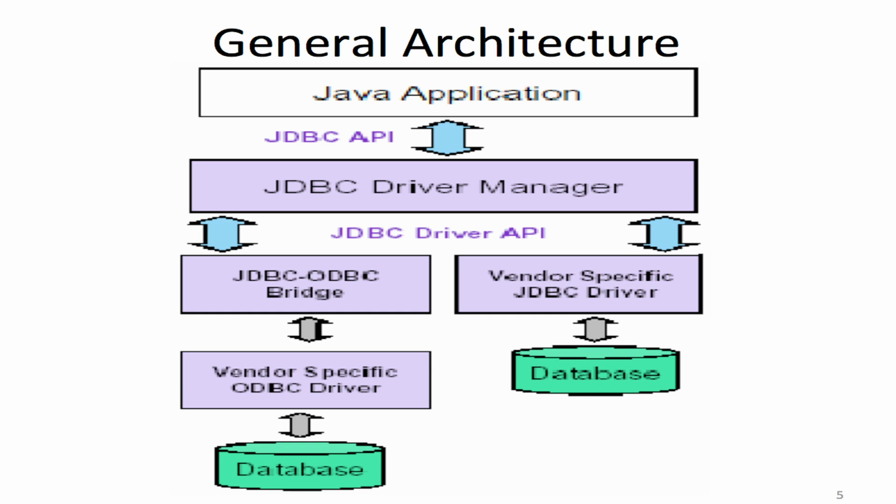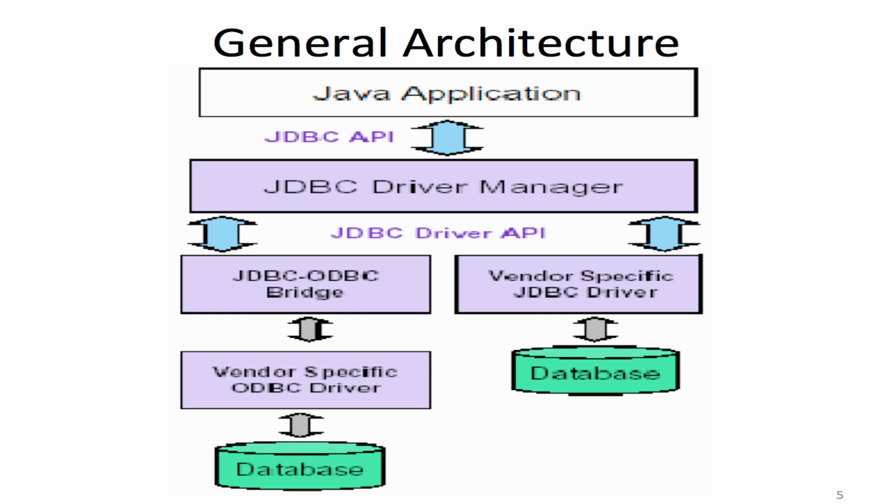In the top layer we have the Java application, and through the JDBC API we connect. We have the interface, and we have the JDBC driver manager. In the previous lecture we also discussed this diagram. Then we have the vendor driver API, the JDBC driver API. This is the vendor-specific JDBC driver or JDBC-ODBC bridge, and then the vendor-specific ODBC driver.